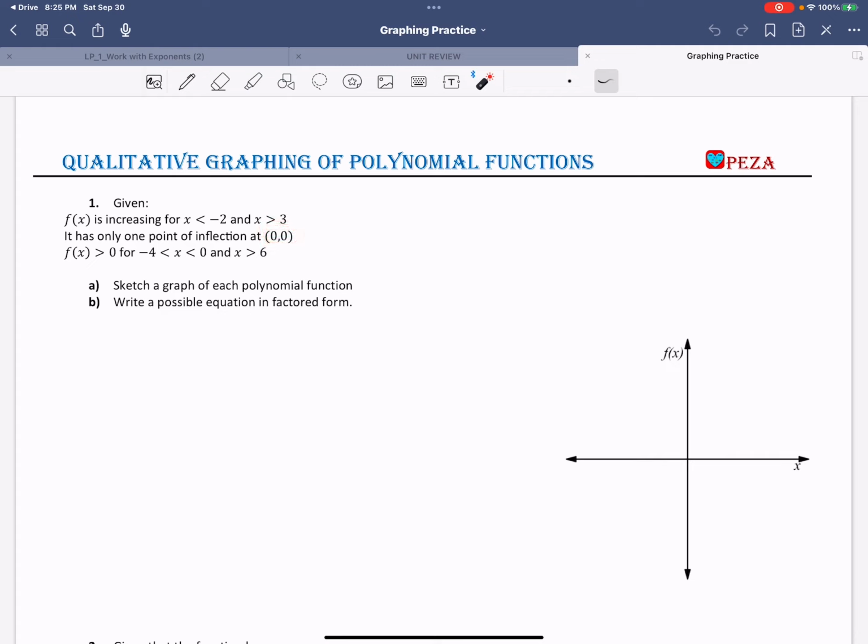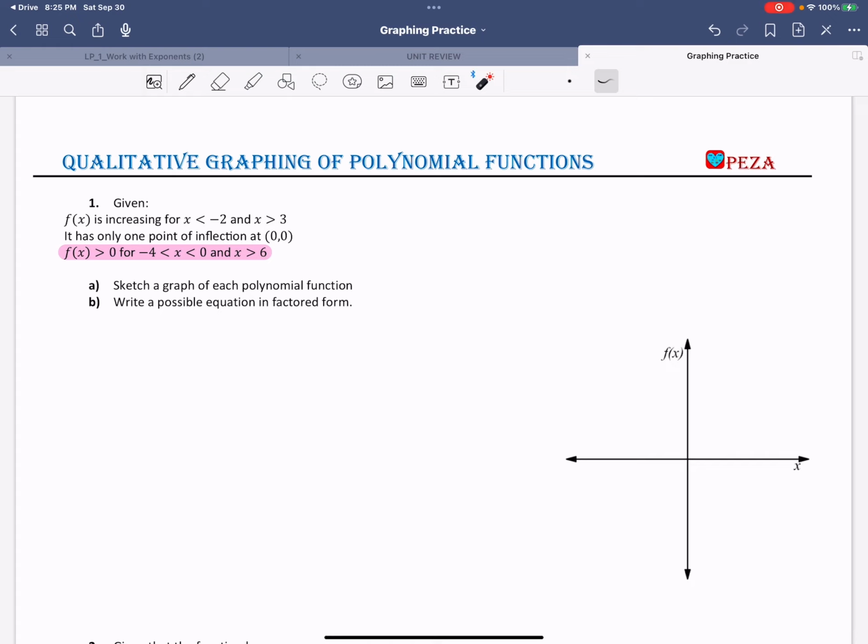So whenever we draw graphs qualitatively, our focus must first be on where the function is positive and where the function is negative, because that can tell us for what x values the function will be above and for what x values will be below the x-axis.